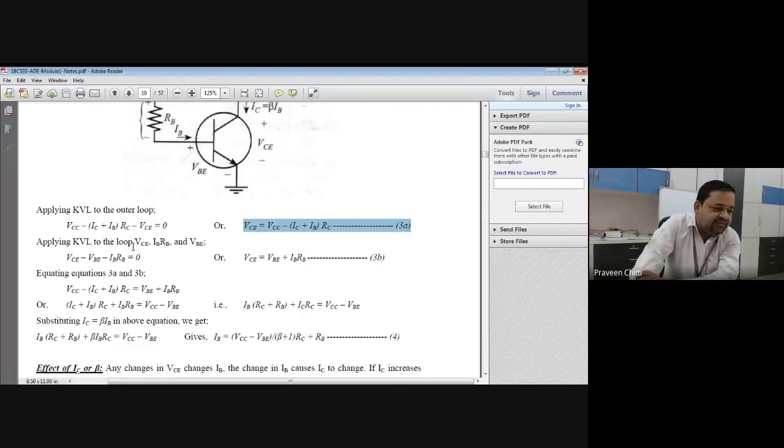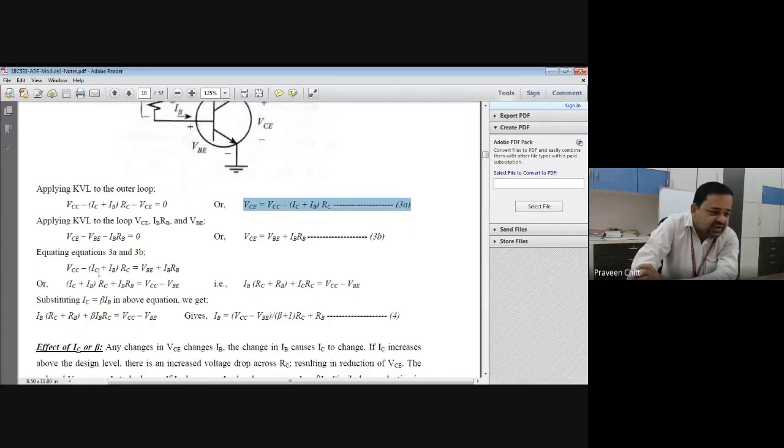Similarly, if you apply KVL to the input side, you should consider VCC minus (IC plus IB) into RC equal to VBE.